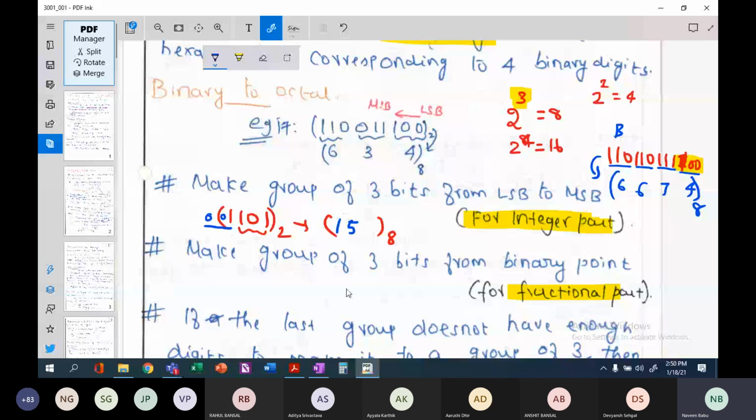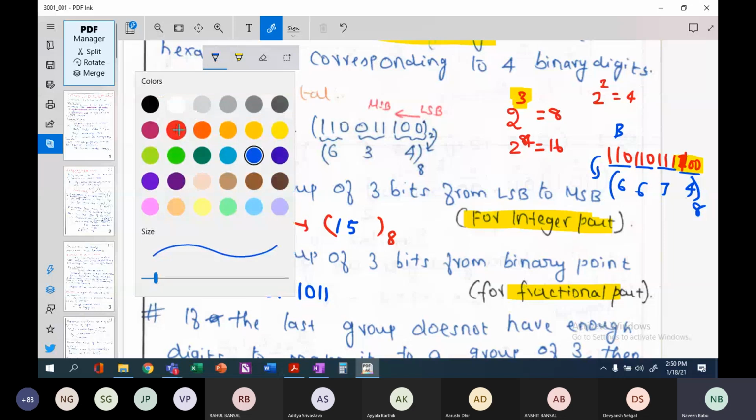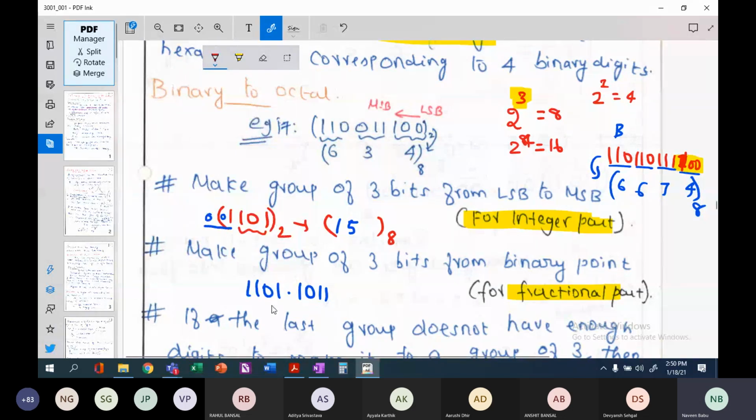If it is after a decimal point, say 1101.1011, then again you do the grouping here. Do the grouping from LSB to MSB in case of the integer value. So this can be grouped here. Since I'm having only one, I can add two zeros here.